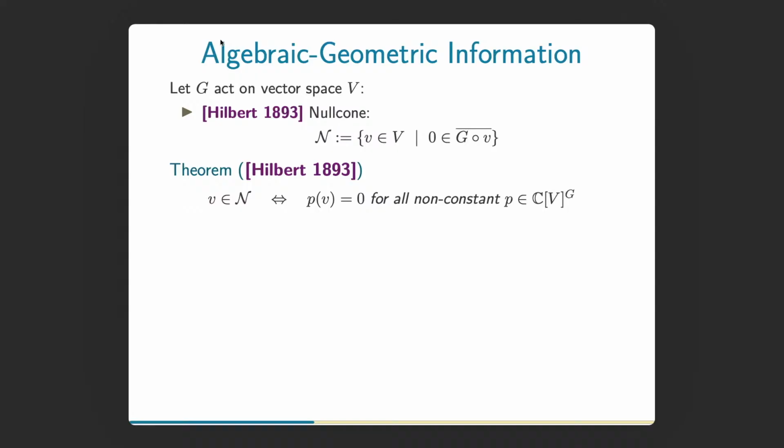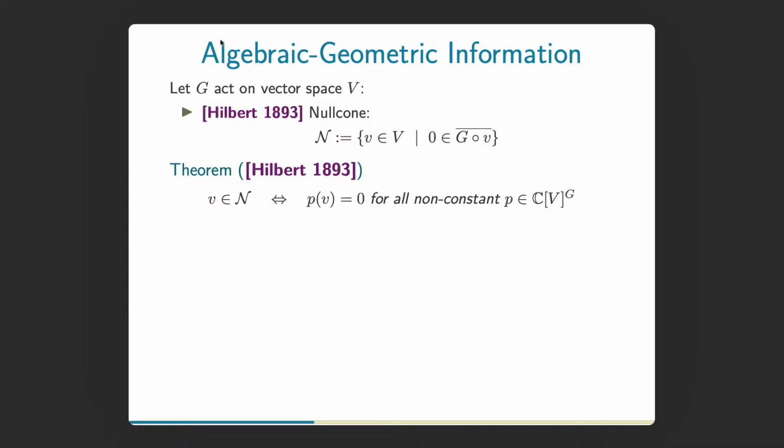What he proved in this very famous paper, which is where the Nullstellensatz came from, is that v is in the null cone if and only if every non-constant invariant vanishes on v. So the null cone is what we call an algebraic variety. It's the zero set of a bunch of polynomials: all the non-constant invariant polynomials.